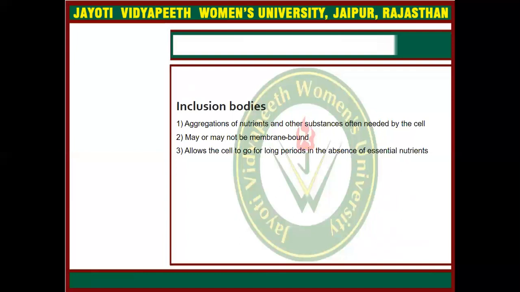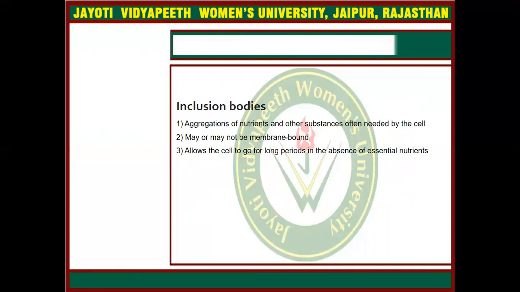The next organelle is the inclusion body. The inclusion body is an organelle which helps the bacteria in storage and aggregation of nutrients. When the bacteria need food, the food stored in the inclusion body is utilized by the bacteria for their nutrition.